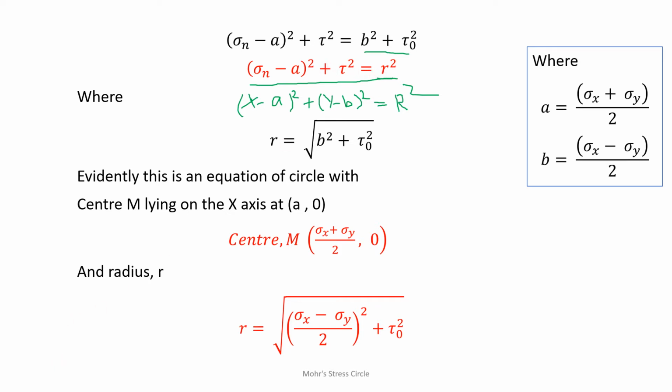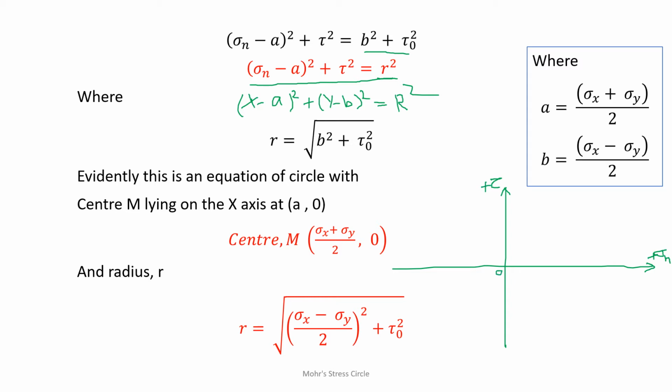So one thing is clear. For this, the coordinates are sigma n along the x-axis or abscissa, and shear stress tau along the ordinate, and this is the origin.